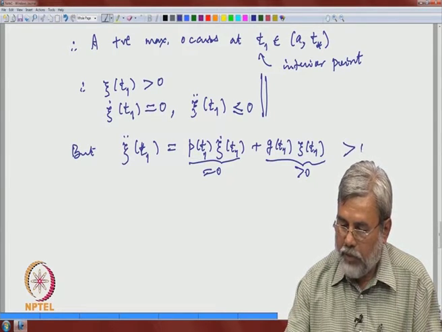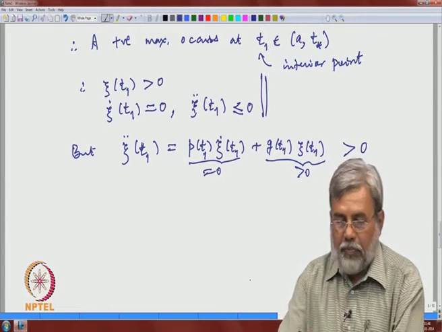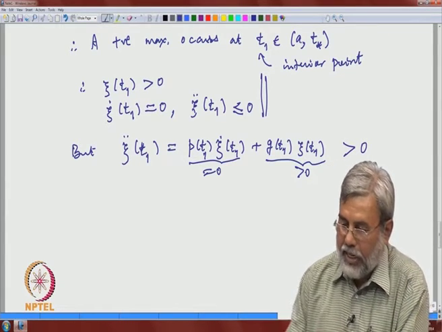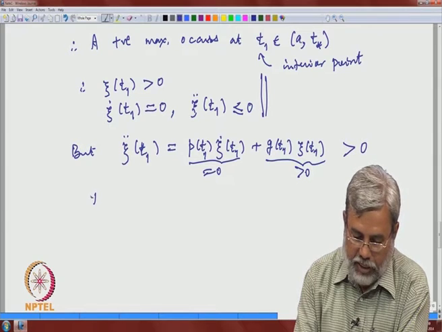So, whole thing is positive, but at a maximum xi double dot T1 is negative. So, this is a contradiction.